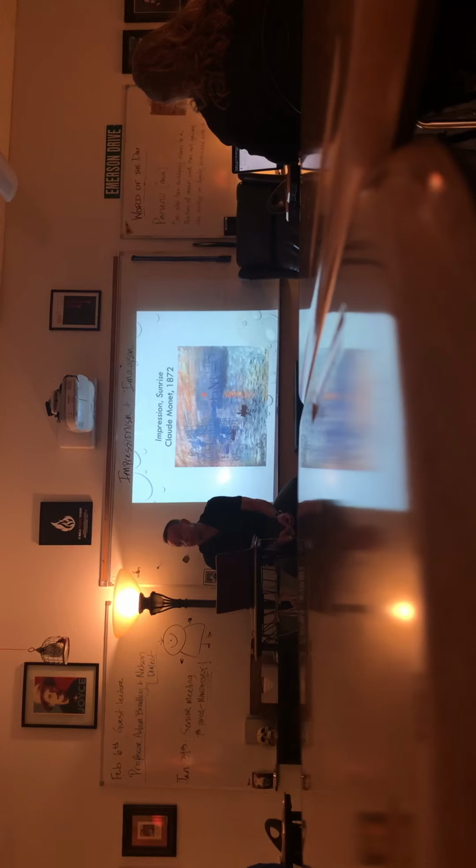There was a group of painters in the late 1860s, early 1870s, who got together and they were sort of tired of the establishment, the art establishment, and they wanted to try new things, basically. And so they started painting in this style with really sort of short, broken brush strokes, very few blended colors, just straight up colors right out of the tube kind of thing, that really don't convey forms, but ideas.